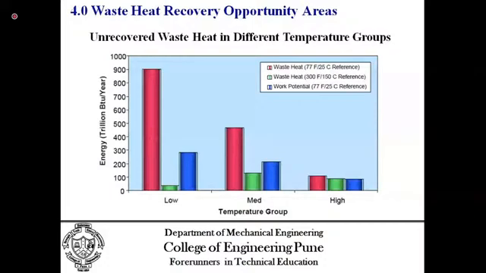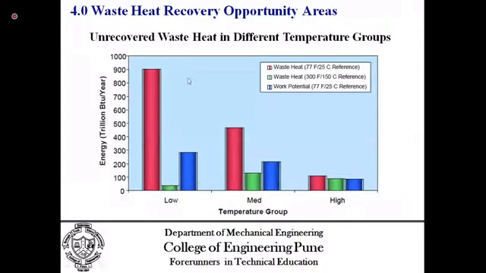Then the waste heat available at low temperature is very low. But still, if this low heat is recovered, then with this reference temperature corresponding to the Carnot efficiency, the work potential is very high.